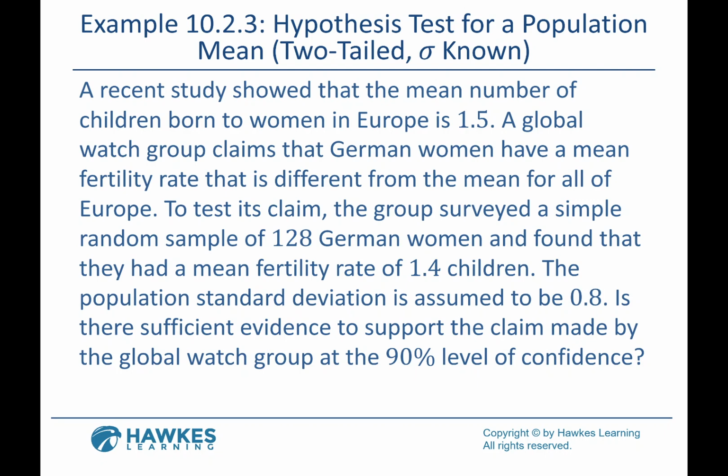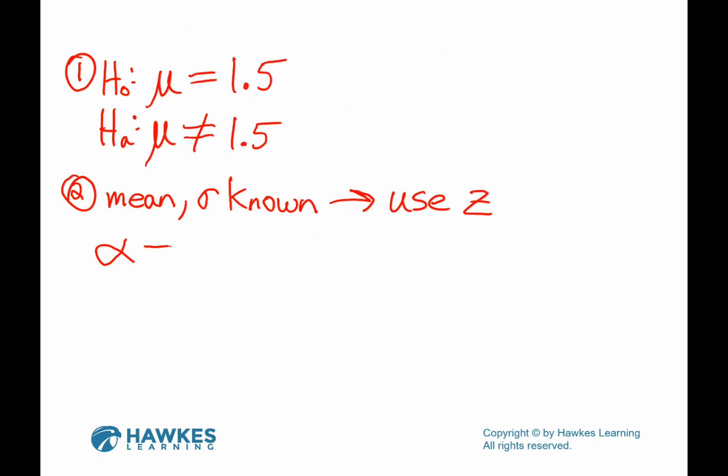It says we want a 90% level of confidence. So we do 1 minus 0.90 to get significance. So 1 minus 0.9 or 0.90, 0.1 or 0.10, either way you want to write it.